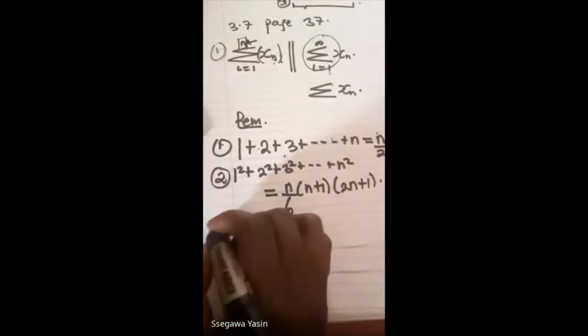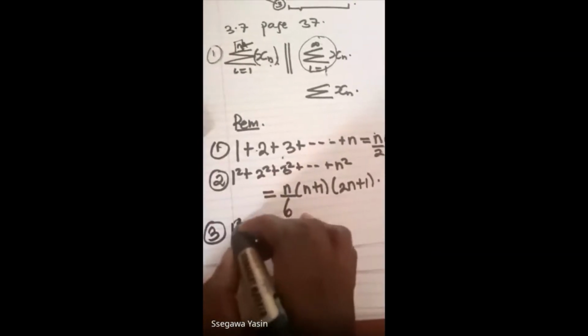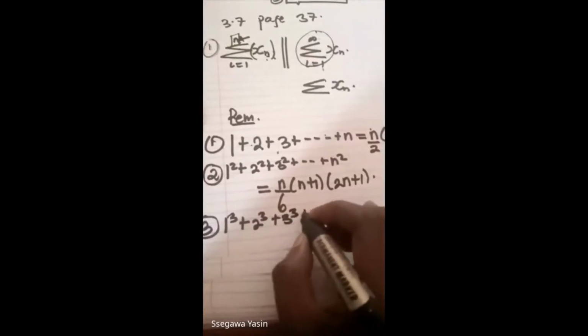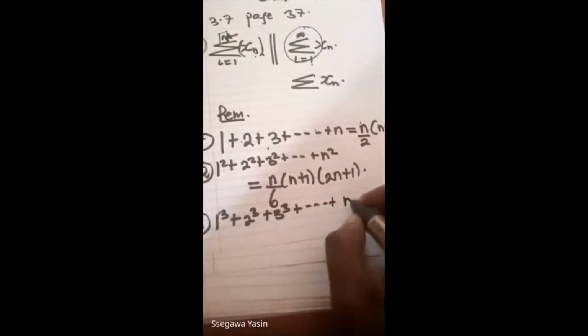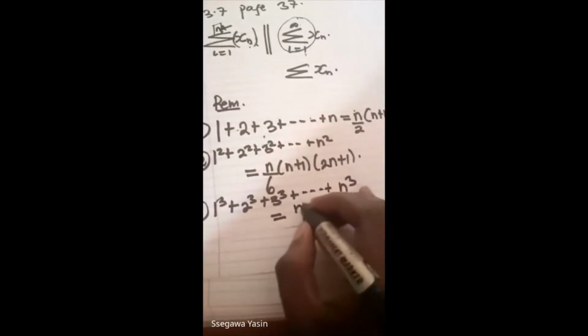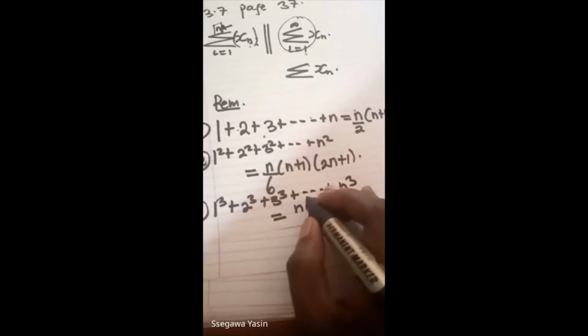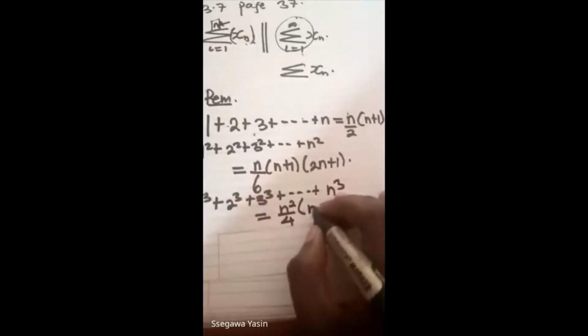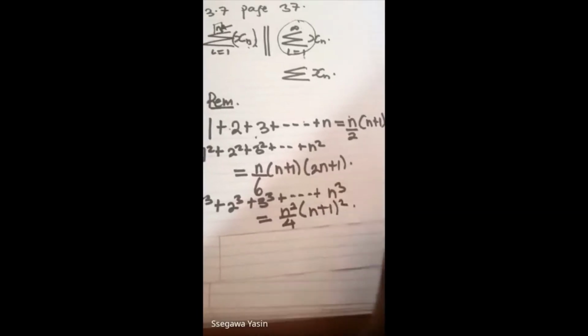And 3, if I try to sum up 1 cubed plus 2 cubed plus 3 cubed plus others up to n cubed, I'll get something good, which is n squared over 4 into n plus 1 squared.